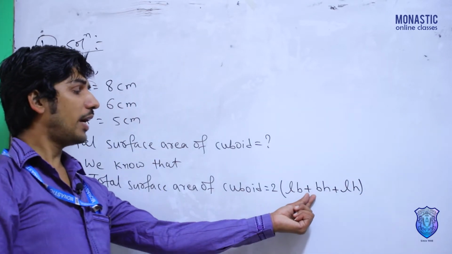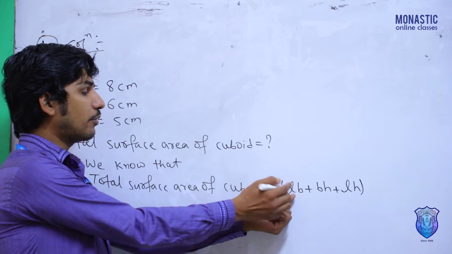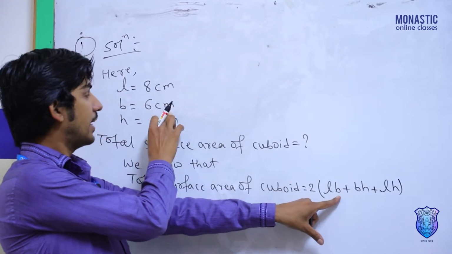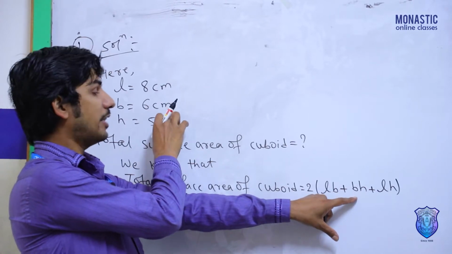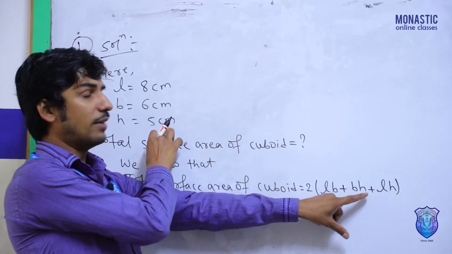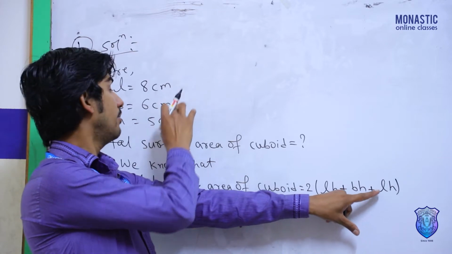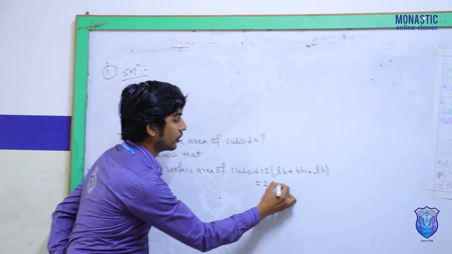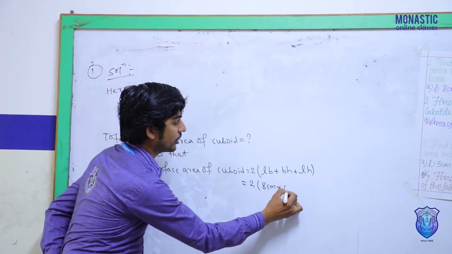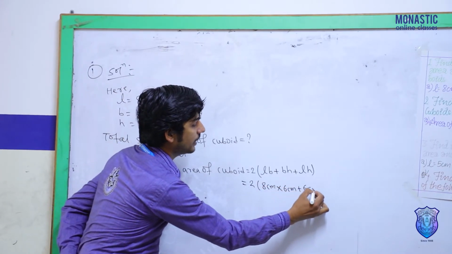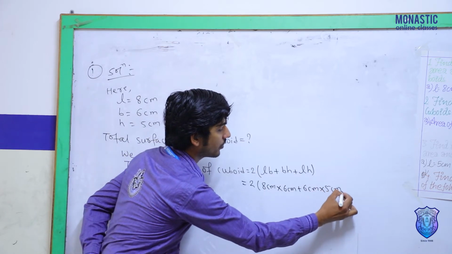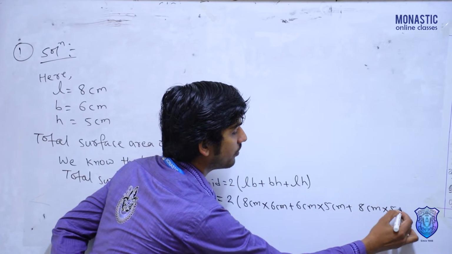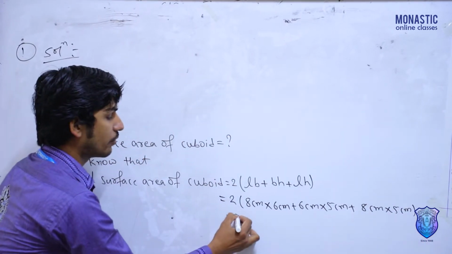Now you have to replace length by 8 cm, breadth by 6 cm, height by 5 cm. Now put here 2 into (8 cm into 6 cm plus 6 cm into 5 cm plus 8 cm into 5 cm).